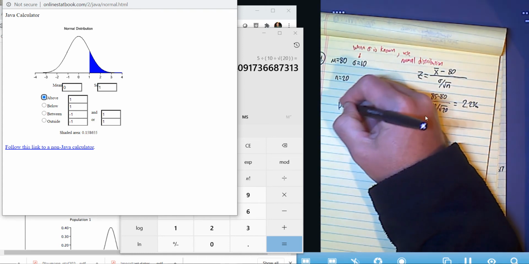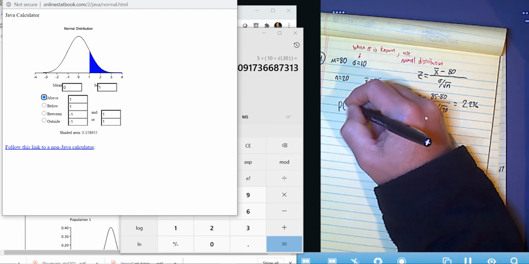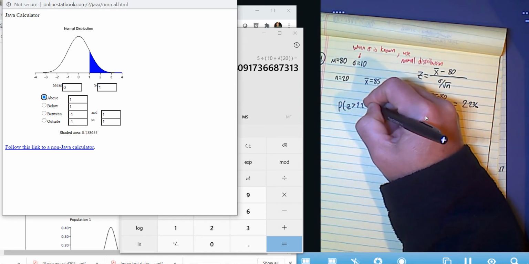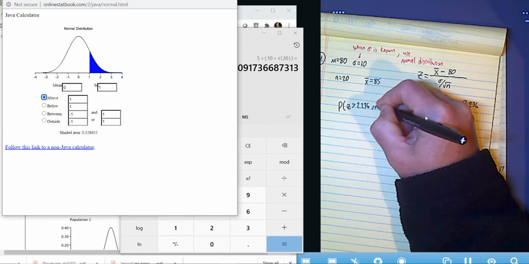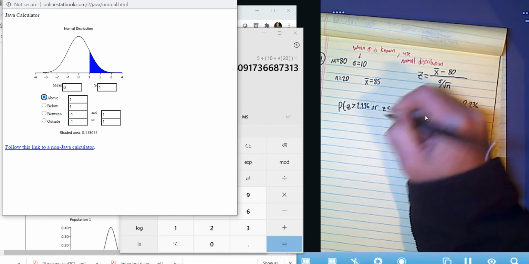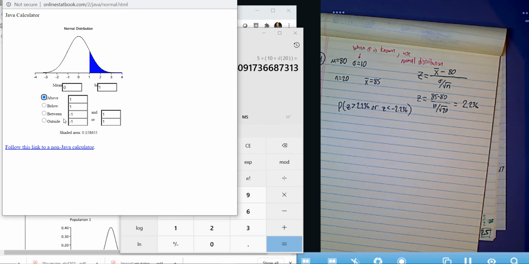Okay, and so when I go to my normal distribution calculator, I want to know the probability that z is bigger than 2.236, or z is less than negative 2.236, right? Because this is a two-tailed test. So I want to know what's the probability of being outside negative 2.236 and 2.236.